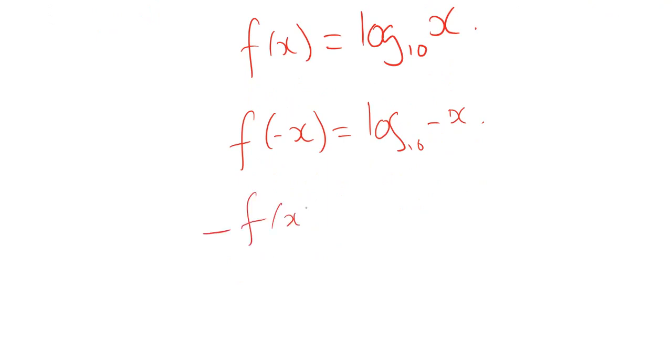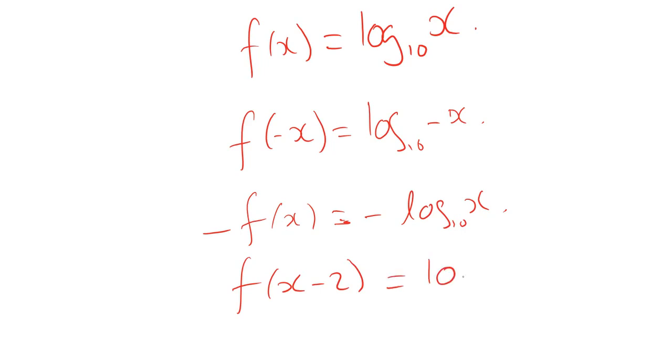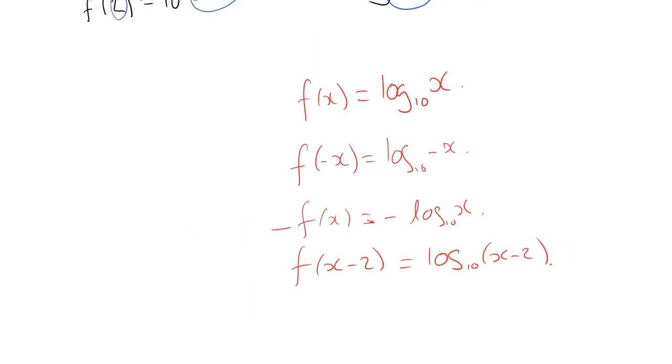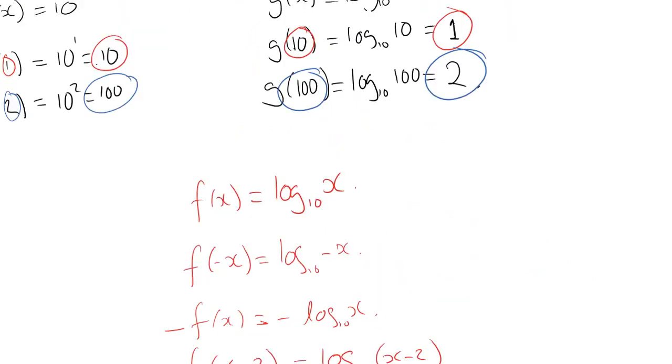If I have minus f of x, which is minus log base 10 of x, that one is going to be a reflection too, but in the x-axis. And if we have f of x minus 2, so log base 10 of x minus 2, that's going to be a shift to the right of 2 spaces, just like we've seen in previous videos about transformations.